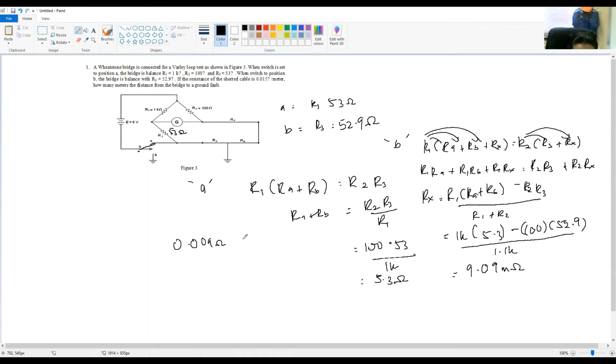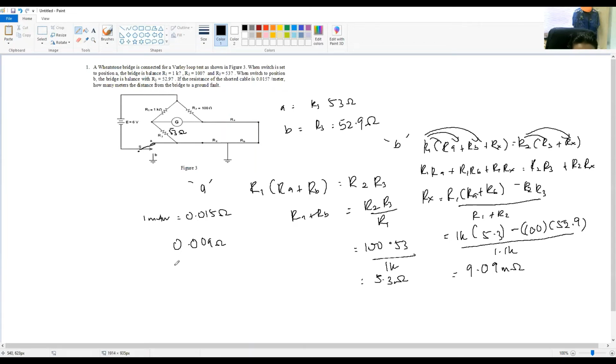As we know, when we convert, 0.009 ohms equals, actually 1 meter equals 0.015 ohms. From this we can get how many meters.